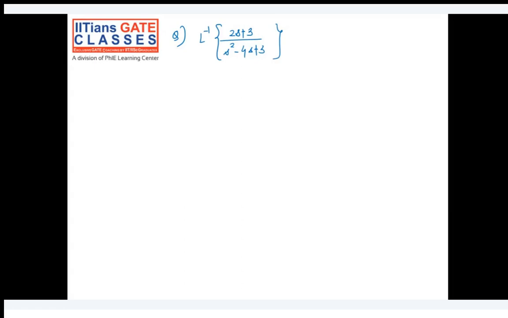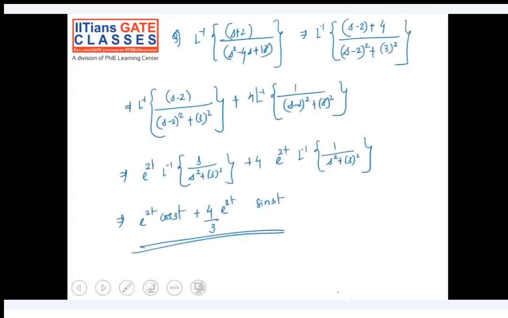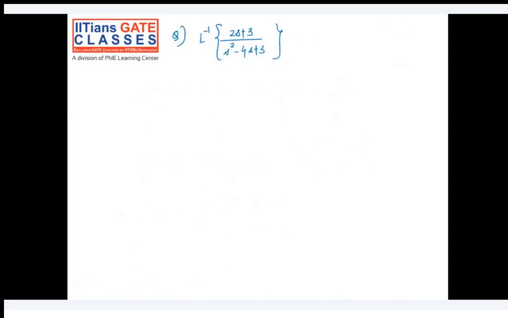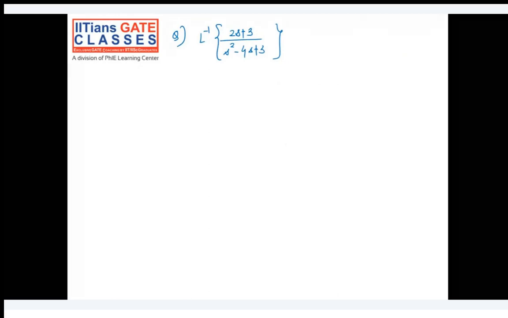In the previous question, we were able to do the adjustment. In this case, 2s is there in the numerator, so it is not that easy to do that adjustment. If you are still able to get the adjustment, you can do it. Otherwise, you can directly go for partial fraction. That is also the correct way to solve. Okay.